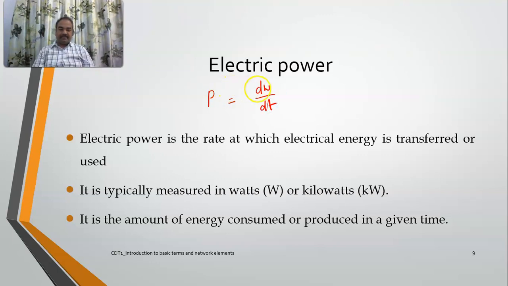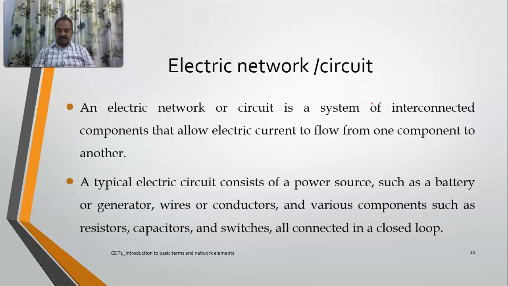So dW by dt, or I'll take it as dE by dt, where E refers to energy. So it is joules per second, or I can use watts. Often it is referred to in kilowatts. So it is the amount of energy which is consumed or produced, anything is okay, in a given time. And yeah, these are the common terms.